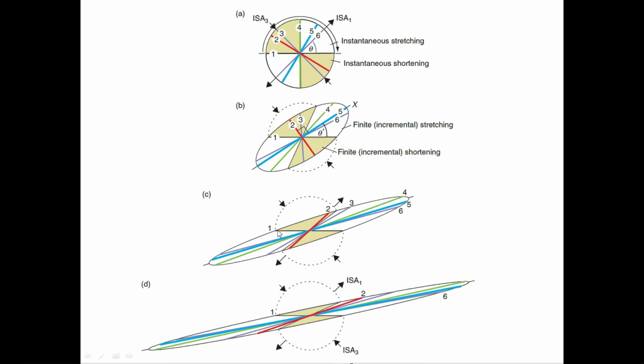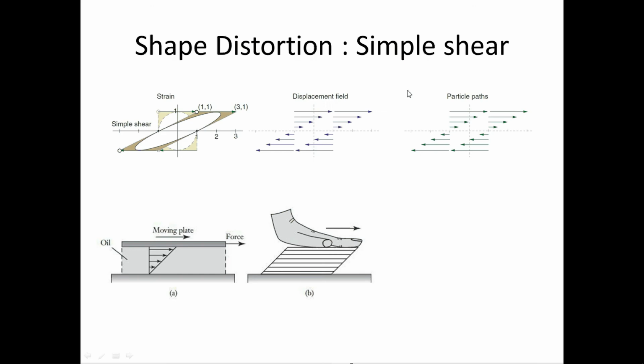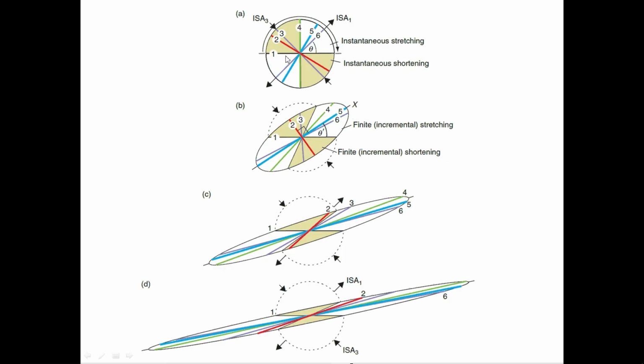Moreover, line 1 is also not rotating, so it is the only line in the simple shear, the line which is parallel to the vector of force being applied to this body. So this line is not showing any deformation, any strain. Moreover, all other lines try to orient themselves parallel to this line 1. Okay.